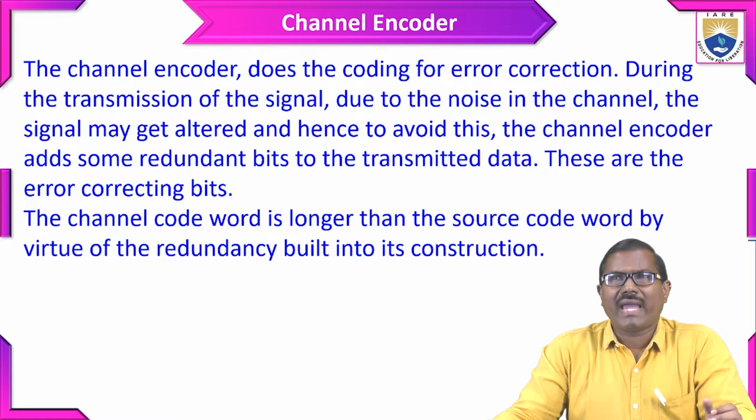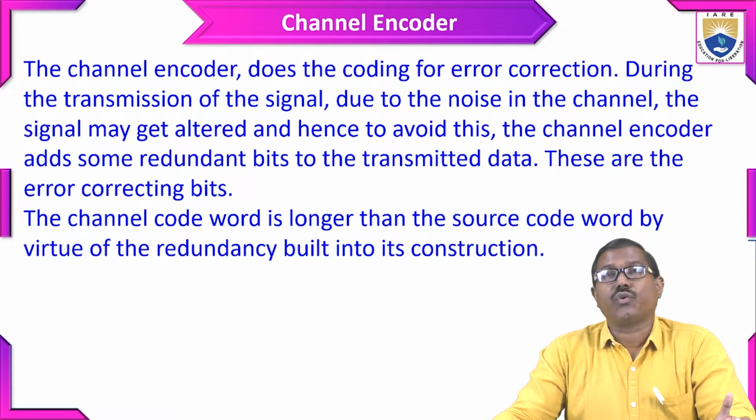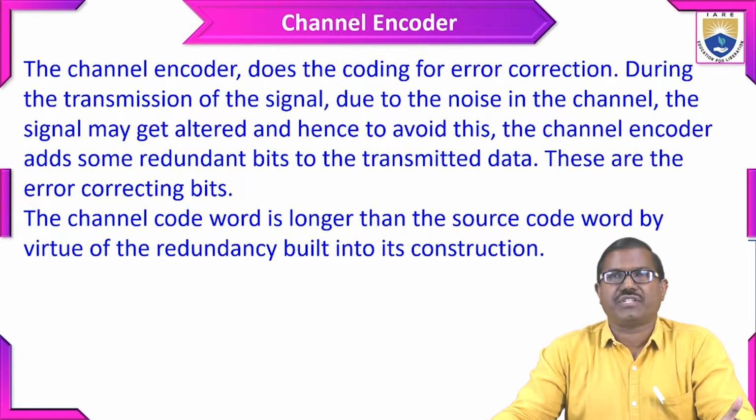The channel encoder adds some redundant bits to the transmitted data. These are the error correcting bits. In the source encoder, we remove the redundancy, but here we add some redundant information.